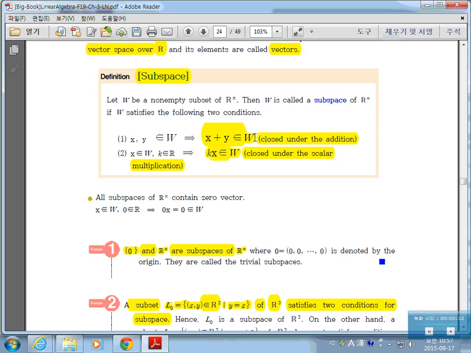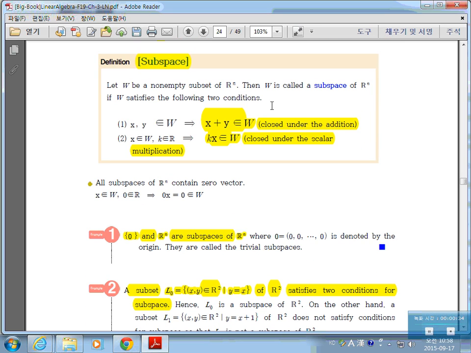First, subspace. A non-empty subset W of Rn is called a subspace of Rn if the subset W satisfies these two conditions. The first condition is, if you choose two vectors from W, then the vector addition of those two is in W. This is closed under vector addition.